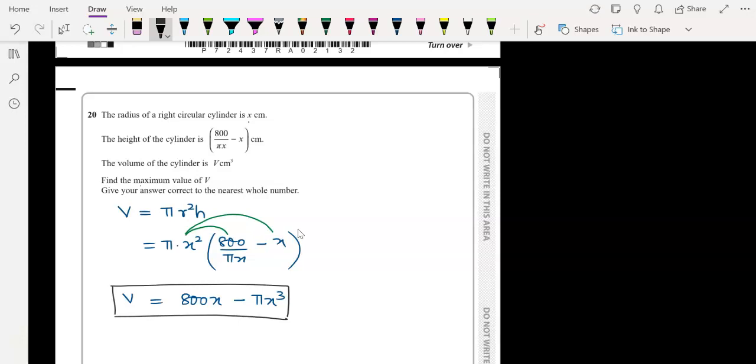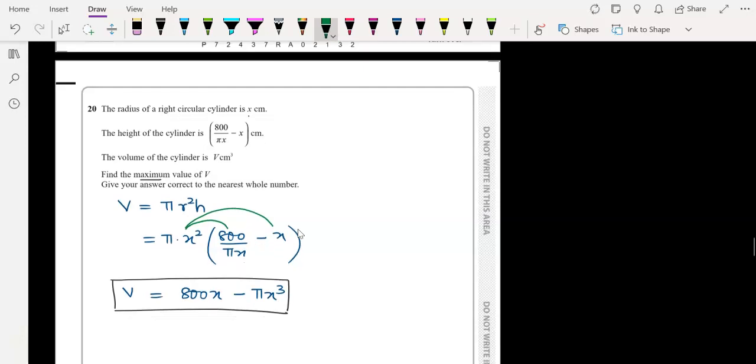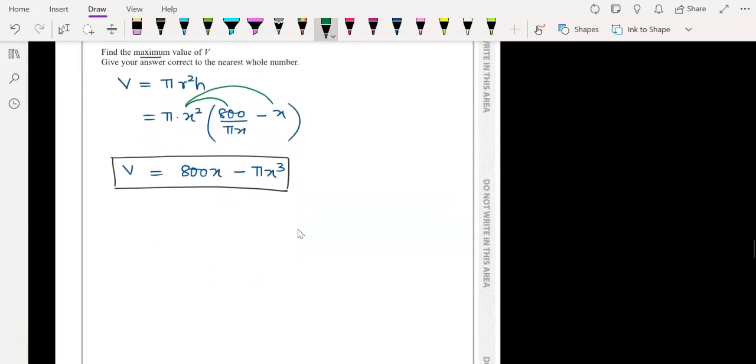Now, since we need to find the maximum value, we will differentiate both sides with respect to x. So dV by dx. 800x will become 800, derivative of x is 1, minus pi x cubed, derivative of x cubed is 3x squared, so I'll get 3 pi x squared. Now, we want to maximize, so we'll equate it to 0. So 800 minus 3 pi x squared equals 0.